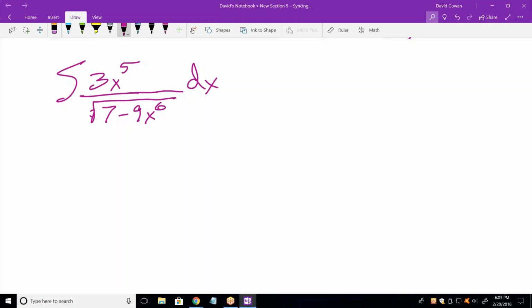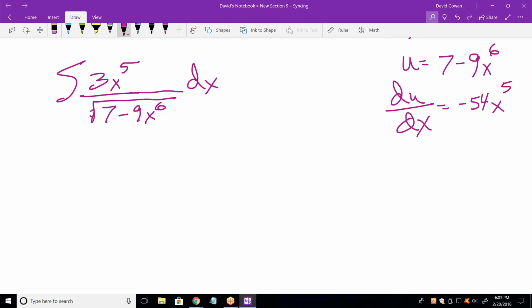So, if I were to let u equal 7 minus 9x to the sixth power, then du/dx is minus 54x to the fifth power.